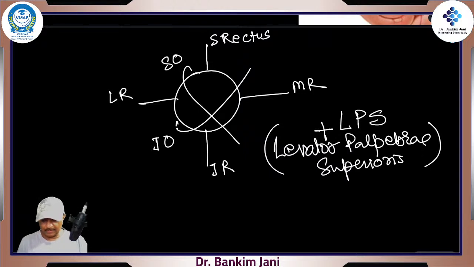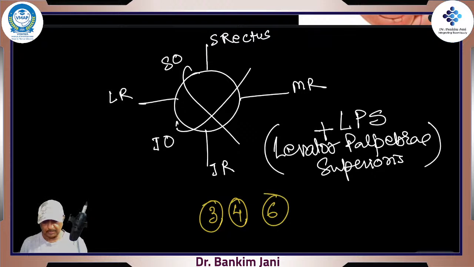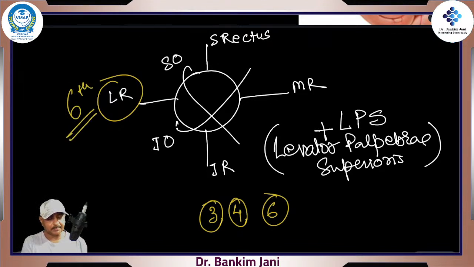Our entire eye movement is controlled by the 3rd, 4th and 6th cranial nerves. This is the lateral rectus, that is by the 6th. Then our superior oblique, that is by the 4th.